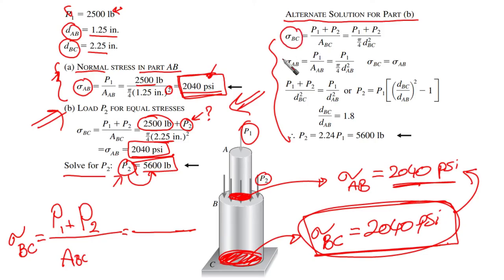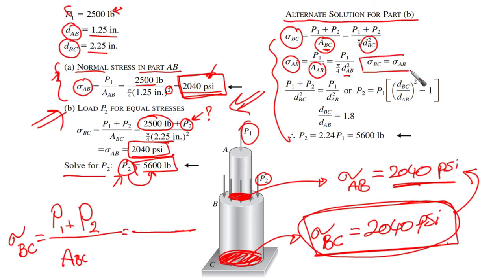The stress BC equals P1 plus P2 over the area for BC, so we substitute with the diameter, pi over 4 d squared BC. And then the stress at the upper part, sigma AB, equals P1 over the area of the upper post, P1 over pi over 4 d squared AB.